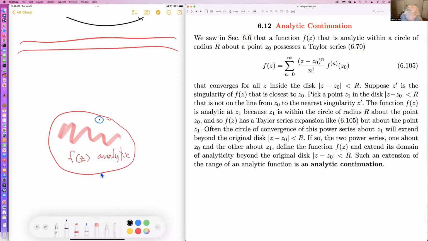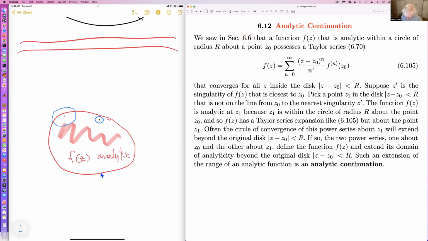So we pick another point here. Now we do a series. And this one, if we're lucky, will converge and define an analytic function in a larger region. So what we can say then is that this function f of z is actually analytic in a larger region.